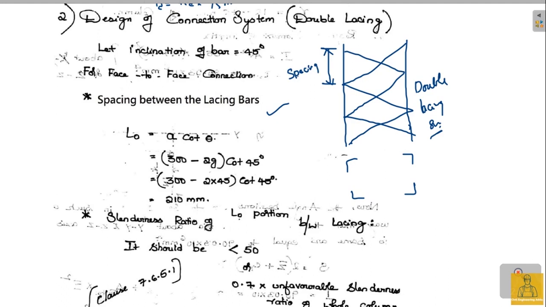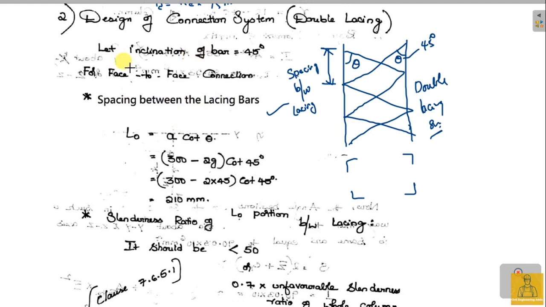As you know, this is the spacing between lacing. And the other thing is this angle theta, the angle of inclination of the lacing bars, which is generally taken between 40 to 70 or 80, and we are going for 45 degrees.